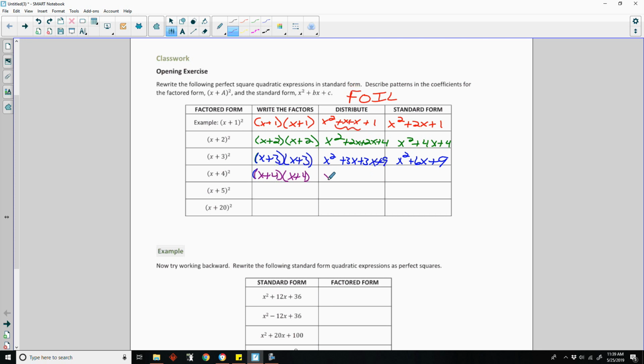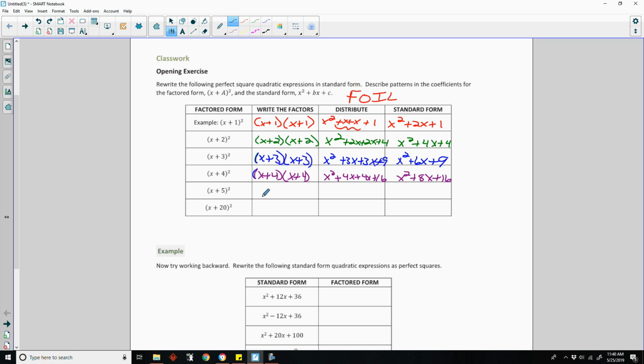And then x times x is x squared plus x times 4 is 4x plus 4 times x, 4x plus 4 times 4, 16. Combining these like terms in the middle will yield x squared plus 8x plus 16. Hopefully you start to see a pattern here.